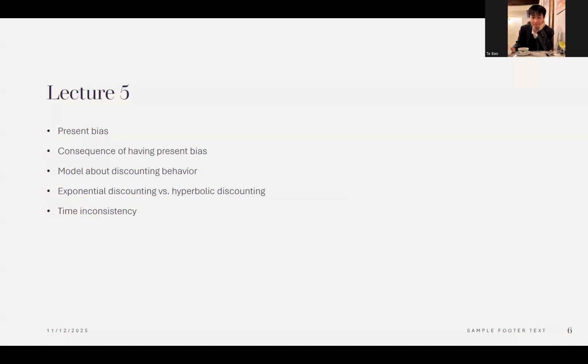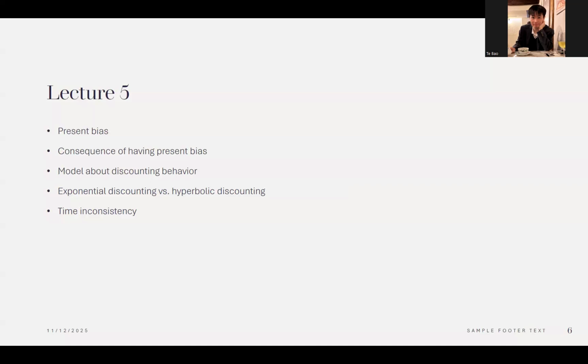But for, let's say, 100 days later and 101 days later, people may pretty much think they are the same. Or maybe they think that $1 in 101 days is worth 99 cents of 100 days later.